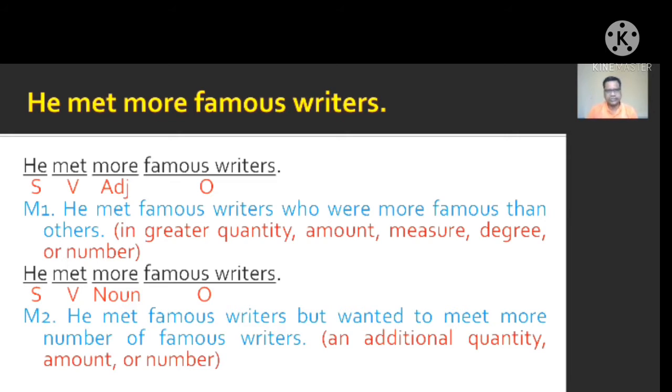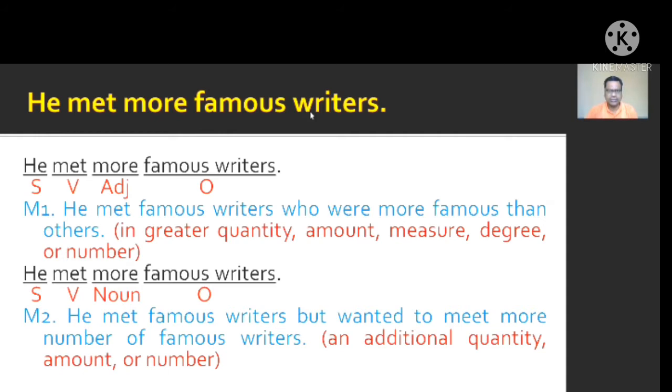Number 1, generally famous writers. Number 2, more famous writers. And number 3, the most famous writers. So here, the meaning that you are going to derive is he met famous writers. But what kind of famous writers? Who were more famous than others. So this one is functioning as the adjective of comparison. This way also you can say.